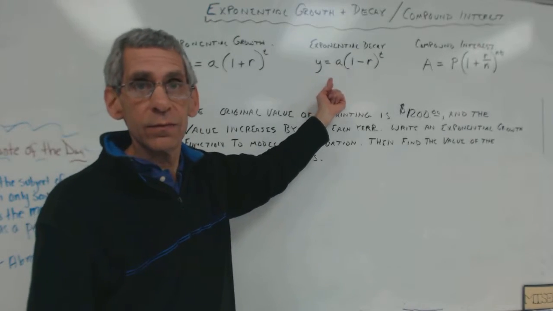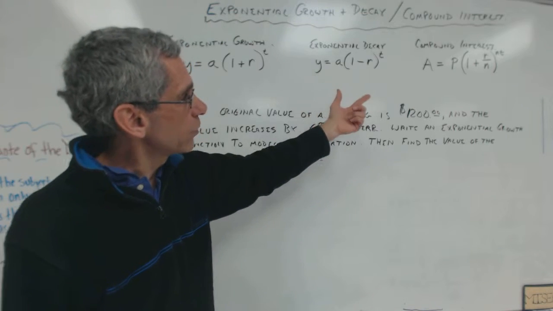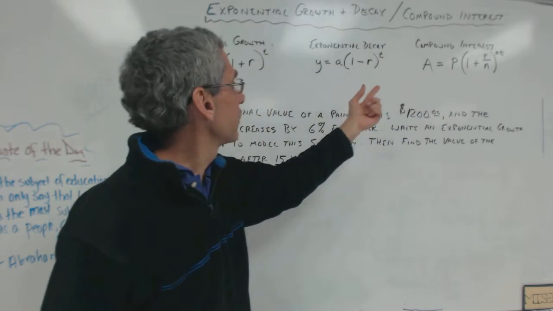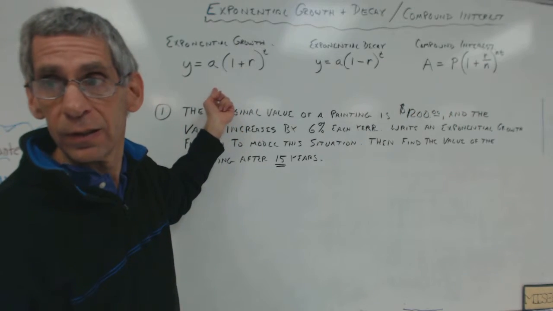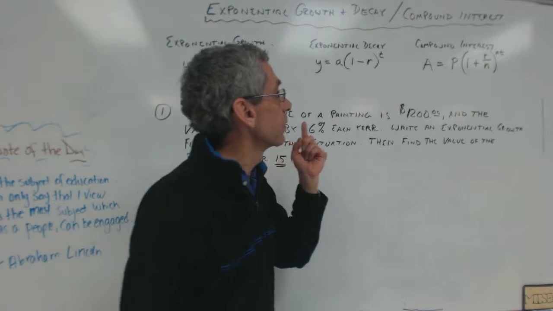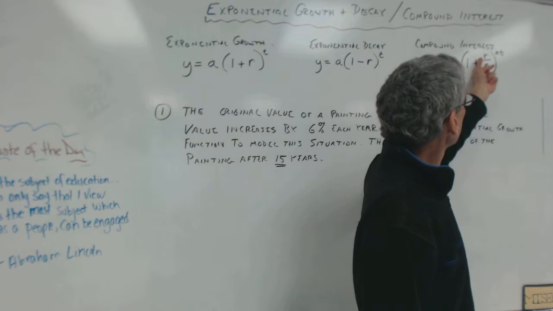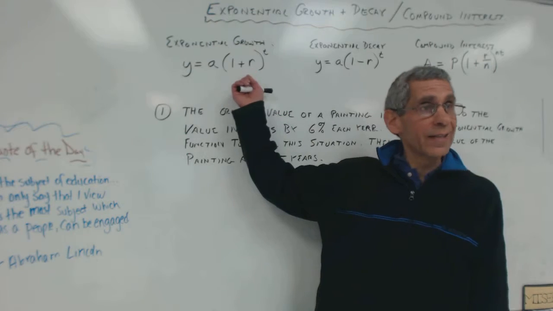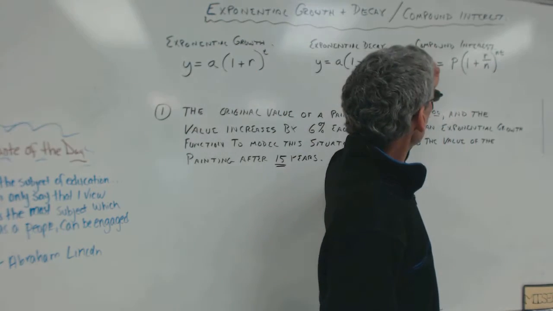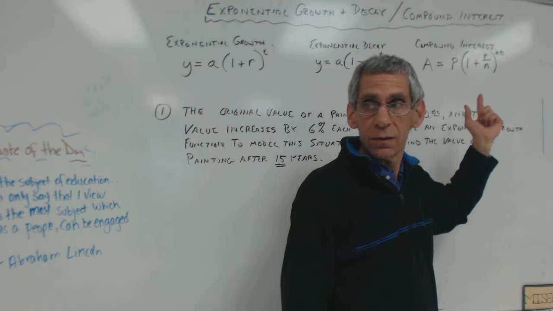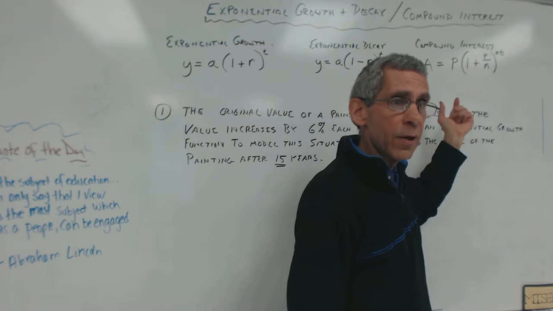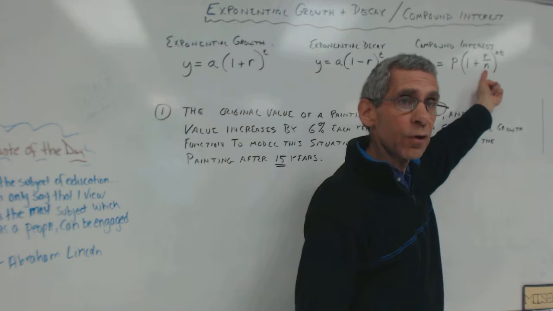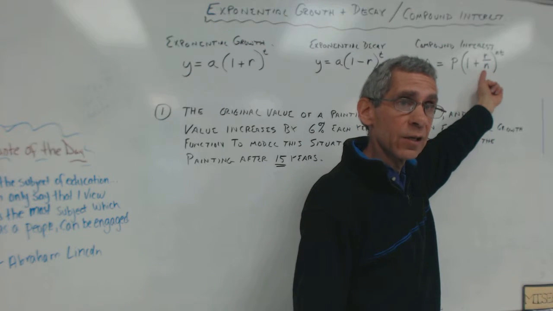And then compound interest, notice it looks scary, but really, actually, compound interest is the same as this, with one little exception. The R is your annual rate, just like here, right? But when you compound money, the N is the number of times it's compounded in a year.